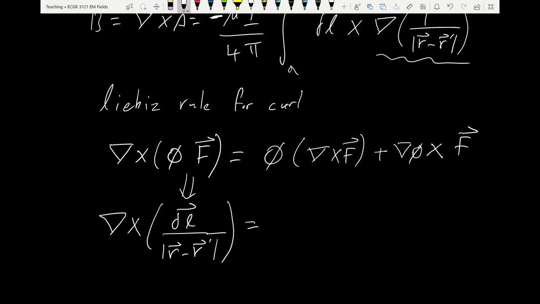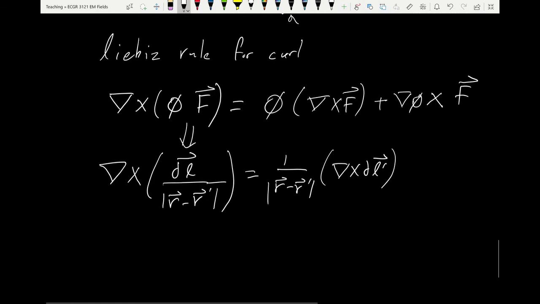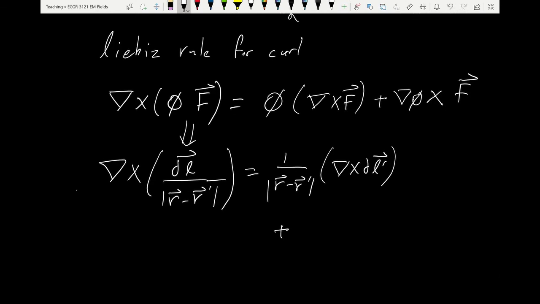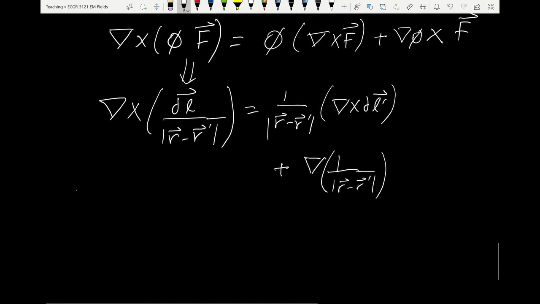So this is going to be the scalar field 1 over magnitude r minus r prime times the curl of the vector field, curl dl prime, plus the gradient of the scalar field, 1 over magnitude r minus r prime, cross dl prime vector. Now this is the curl of dl.